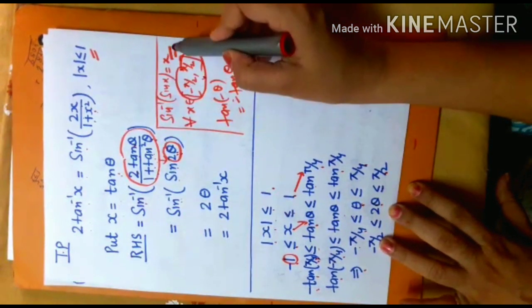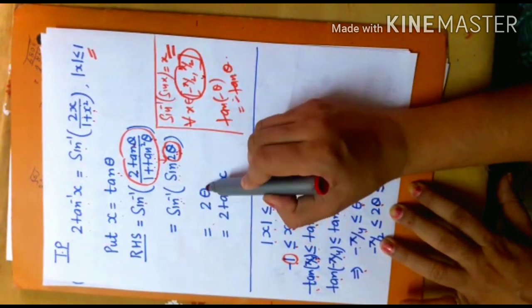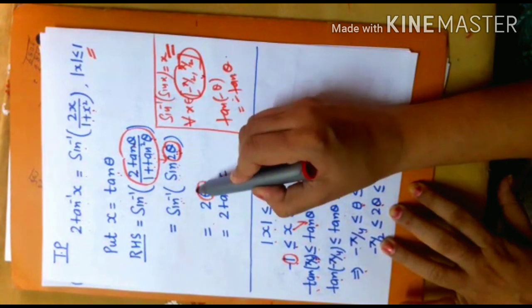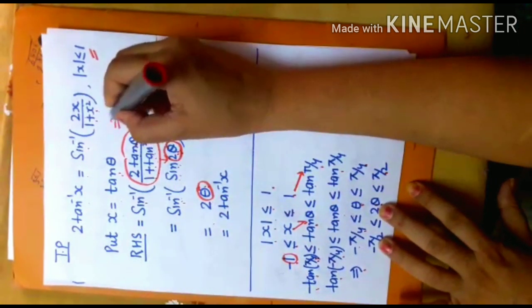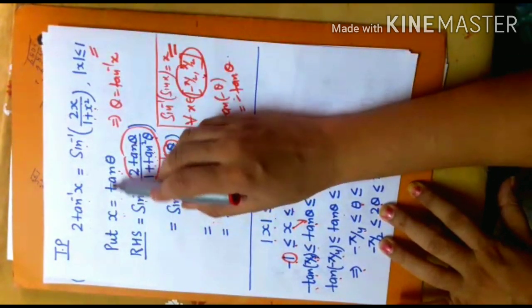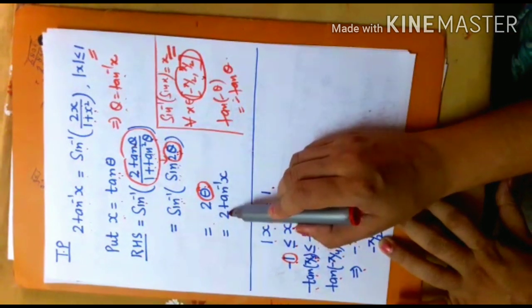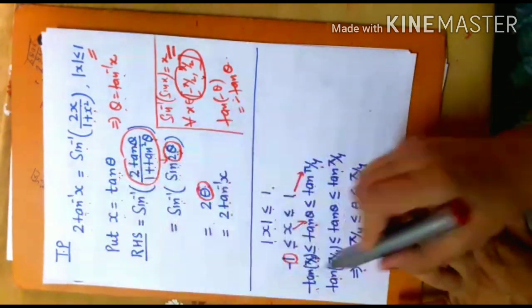So using this result, sine inverse sine 2 theta will be equal to 2 theta. And what is theta? Theta will be tan inverse x, because if x is tan theta, then theta is tan inverse x. So I'll get here 2 tan inverse x, which is your left hand side.